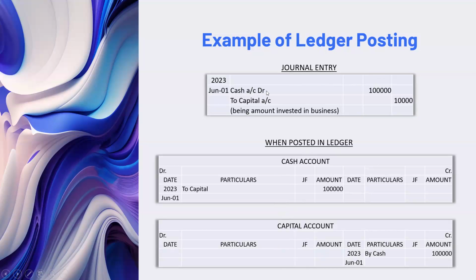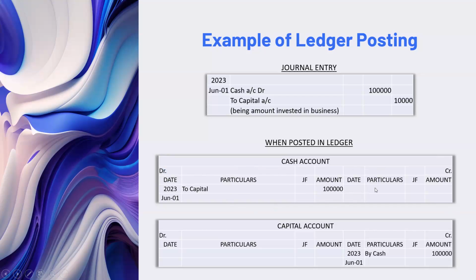So the first thing is the debtor, which is cash. For the cash account, we are now preparing a ledger posting. This is the format, this is how you have to prepare the ledger. There should be two columns. In the left column, it starts with debtor: date, particulars, journal folio, amount.